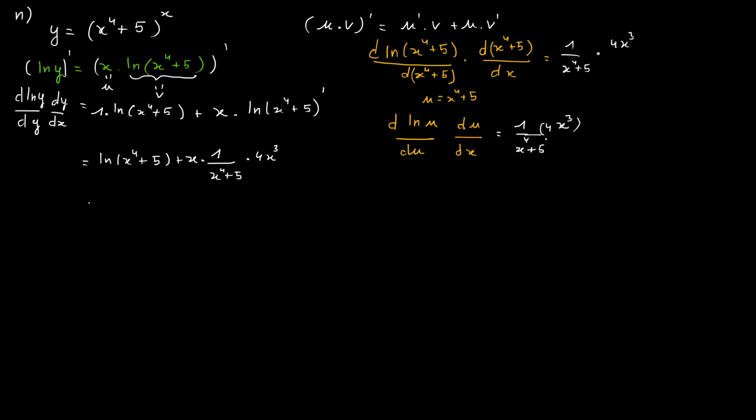Okay, let me rewrite it a little bit to make it more concise, my writing: x to the power of 4 plus 5 plus 4x to the power of 4, x over x to the power of 4 plus 5. Okay, let's rewrite what we have here on the left-hand side.